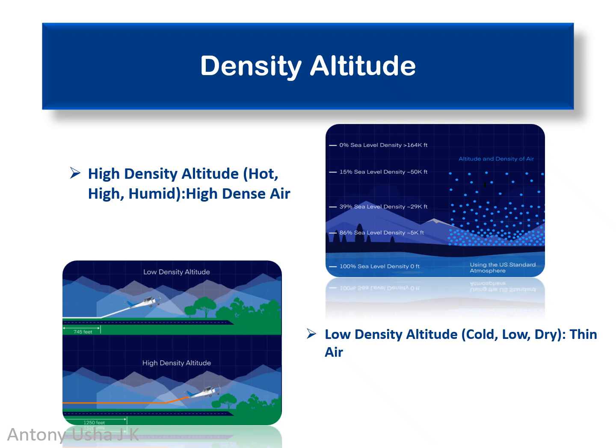High density altitude, such as hot, high, humid conditions: aircraft struggle to take off or climb, with reduced engine power, longer takeoff roll, and slower climb rate. Low density altitude, which is cold, low, dry: aircraft easily take off and climb.